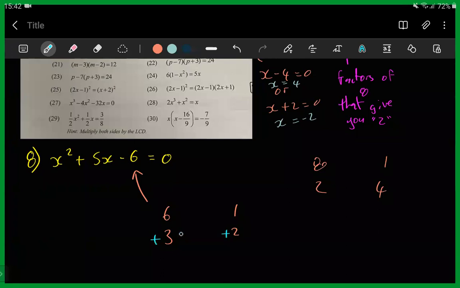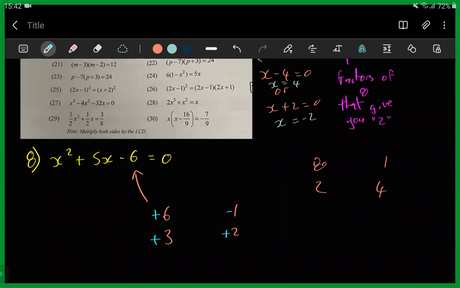So 3 and 2 won't work. The 6 and the 1 will work, because if you say positive 6 and you minus a 1, you get a positive 5. And also if you multiply, you get this negative 6. You see that? So that's how we do it.